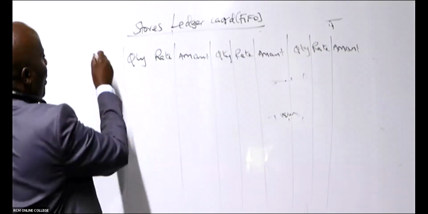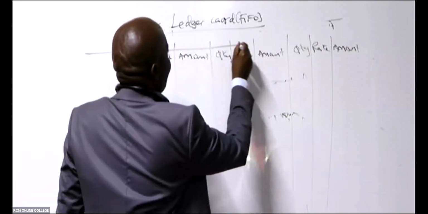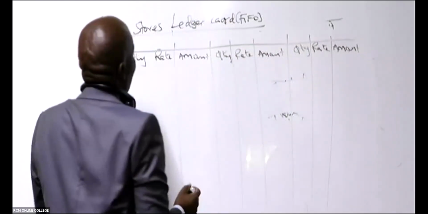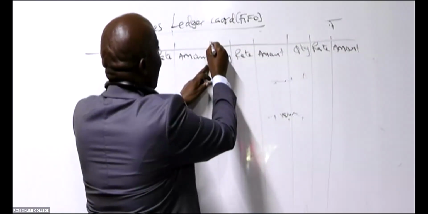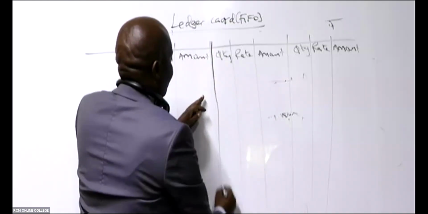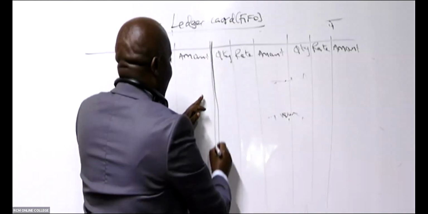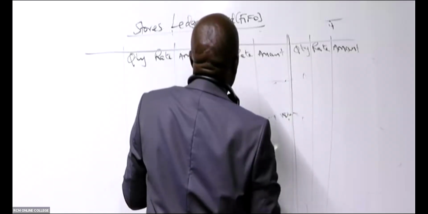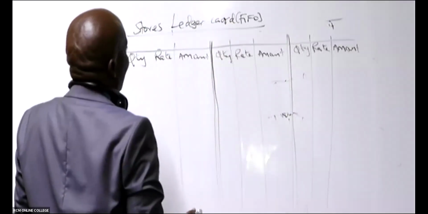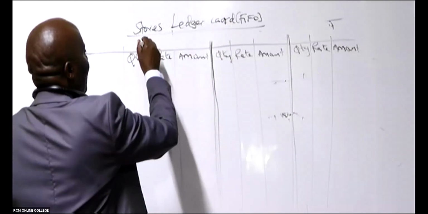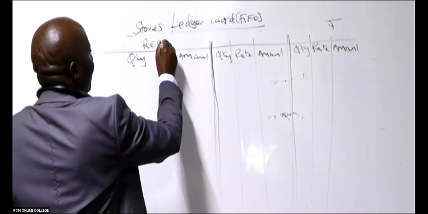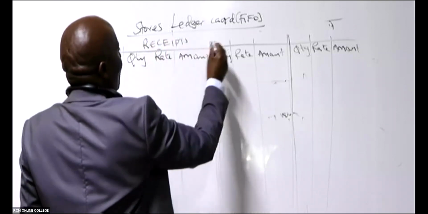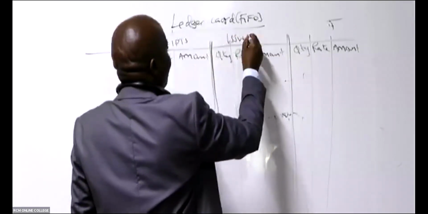So you come up here. At the end of this amount, we shall always have double lines. The first one here is receipts. Then we shall have issues.